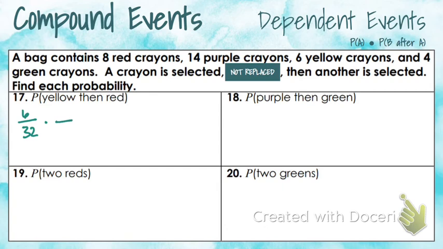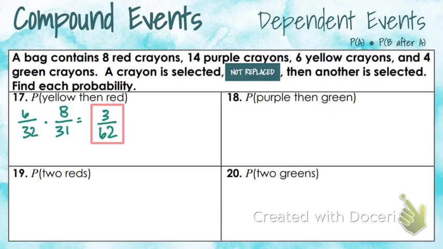Well, we drew the yellow out and didn't replace it, so now there are only 31 crayons left. And out of those 31, there are 8 red. So when we multiply these together, we are going to get 3 out of 62, and that's already reduced. I didn't write down the in-between steps, so you should end up with 3 out of 62 after you reduce.